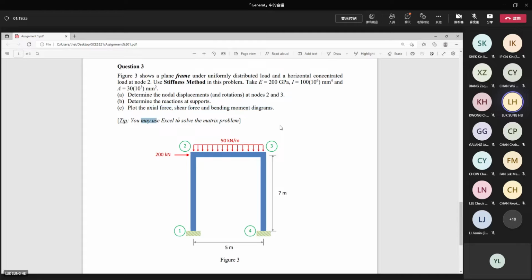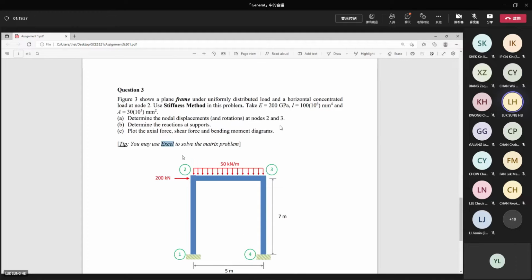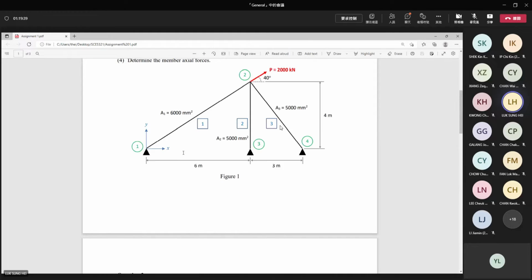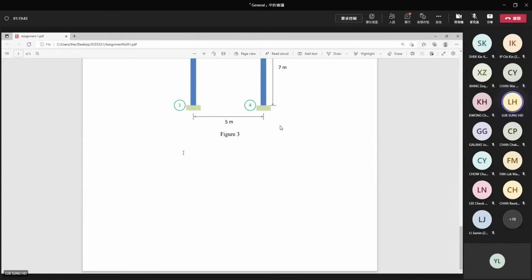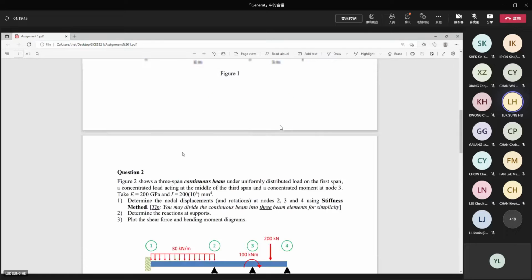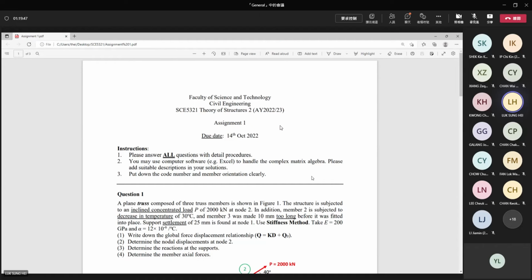The tip is that you may use Excel to solve this problem because you will find that the problem size is quite big. You may use Excel to use matrix inverse to find out the unknown displacements. So now you can complete the whole assignment 1. All the things has been covered.